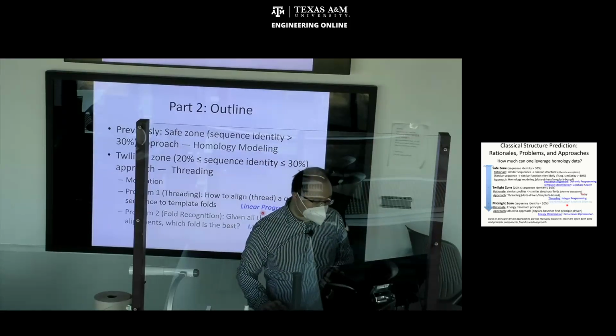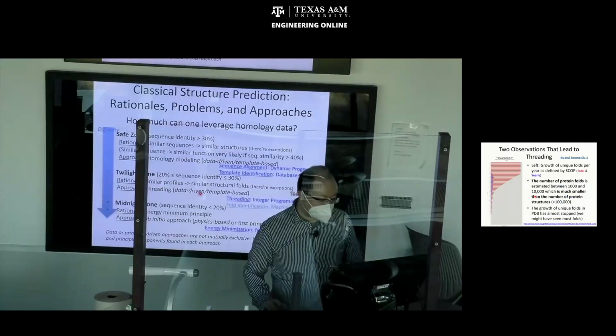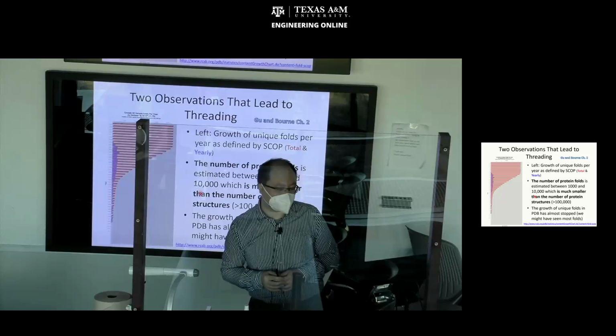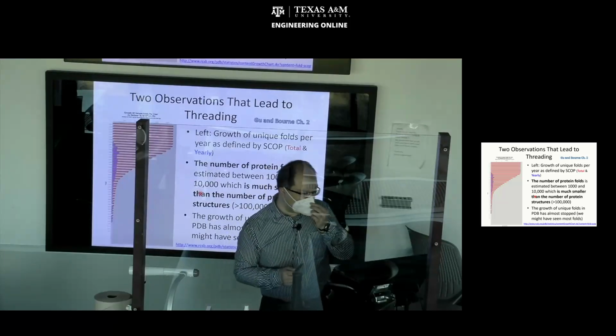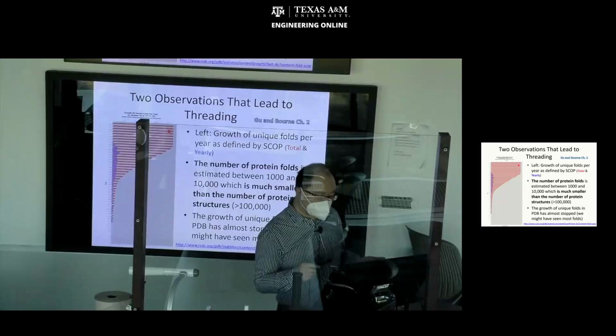So now let's start with our twilight zone. What's the motivation here? There are two observations that lead to the so-called threading algorithm in the safe zone. One is the fact that we showed before: over the years, you look at the new folds every year in blue, or the cumulative growth in red, and we see a saturation.